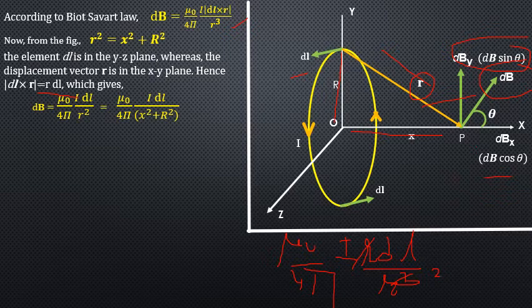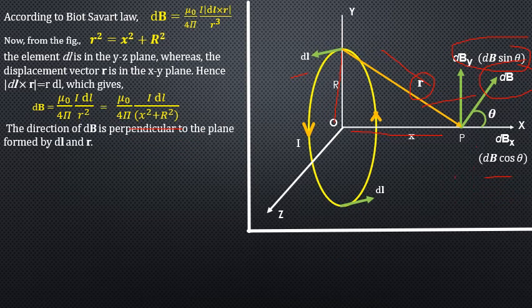And hence the equation mu naught upon 4 pi I dl upon r square. This is what we obtain. And when I substitute the value of r square from the Pythagoras equation into here, then I have this particular final equation. So this is the expression for magnetic field. In this way we can find a simplified form of magnetic field.